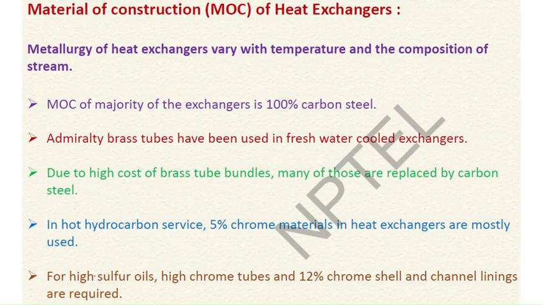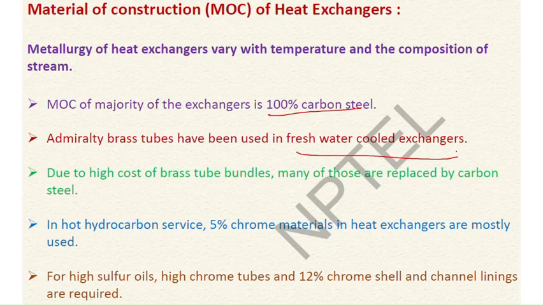Okay. Now coming on to the material of construction of heat exchangers. The majority of heat exchangers are made from 100% carbon steel, whereas Admiralty brass tubes are used if freshwater cooled exchangers are made.